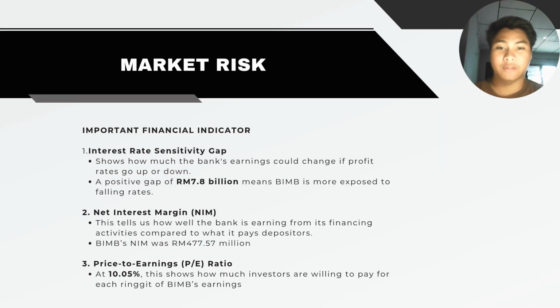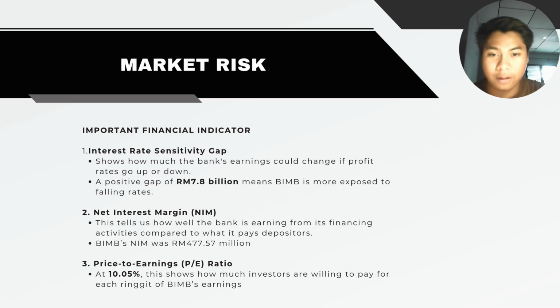For the important financial indicators, which are interest rate sensitivity gap, net interest margin, and also price to earning ratio, after we compute and summarize based on the individual assignment, the final answer is an interest rate sensitivity gap of 7.8 billion, meaning BIMB is more exposed to falling rates, and the net interest margin was 477.57 million.